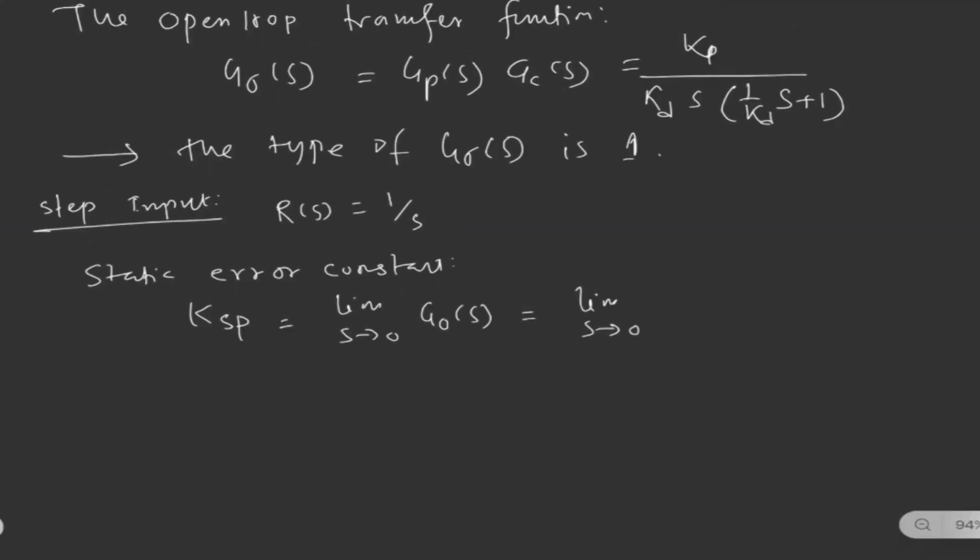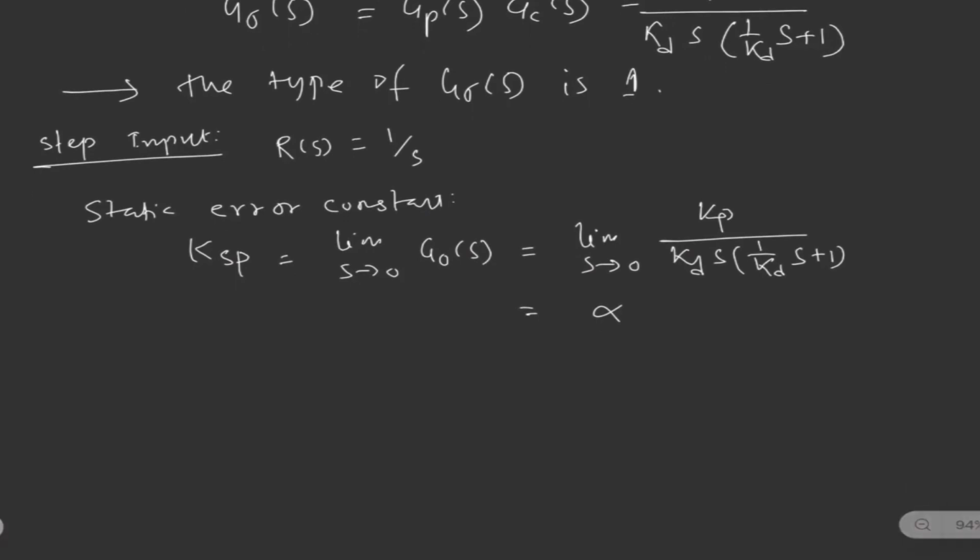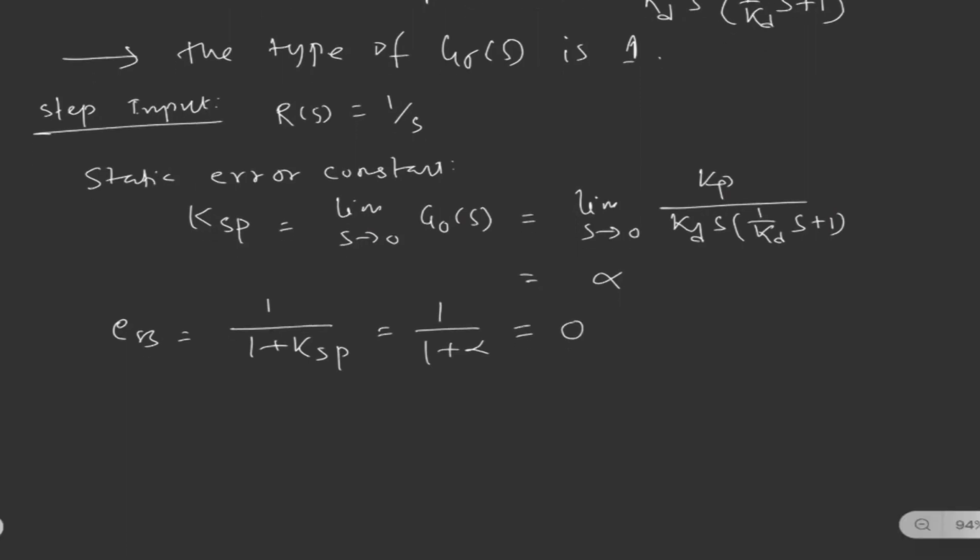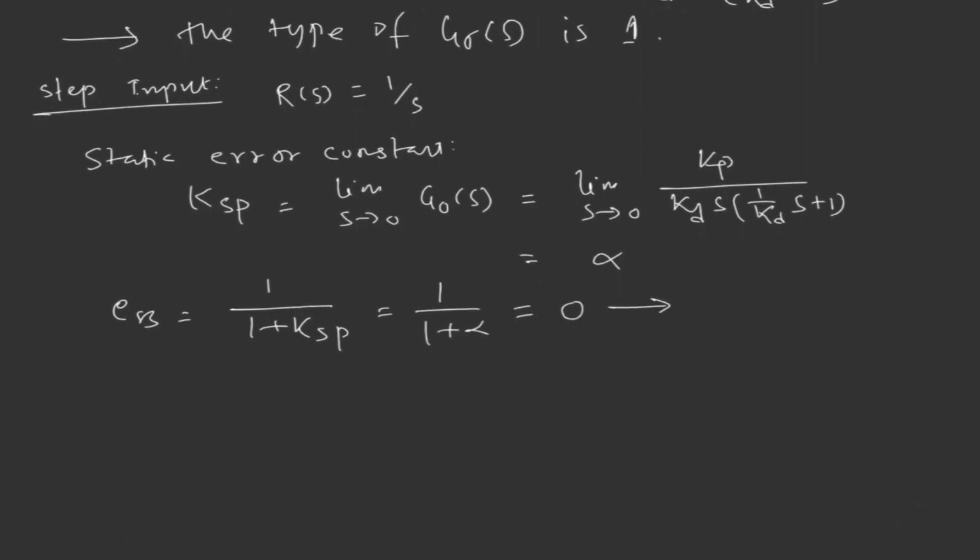If you substitute the expression KP divided by KD s times 1 by (I/KD s plus 1), we have the value infinity. And the steady state error ESS we can write as 1 upon 1 plus KSP, which is 1 by 1 plus infinity, equal to 0. From this we can say we can track the step command completely.